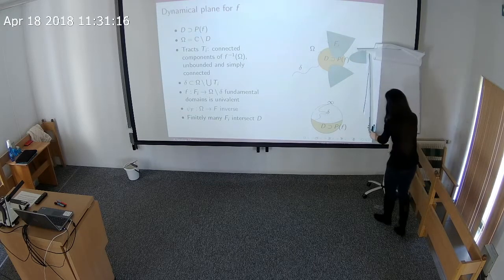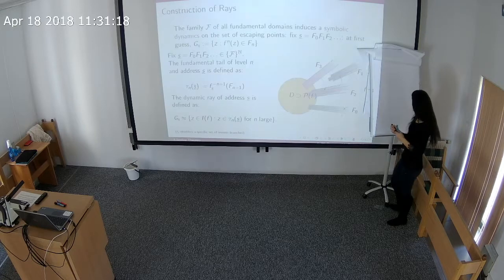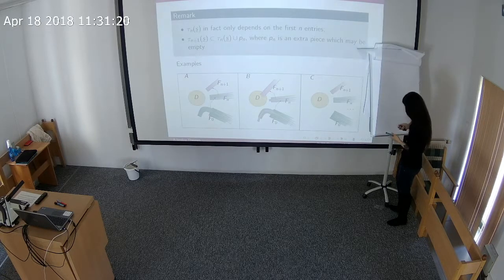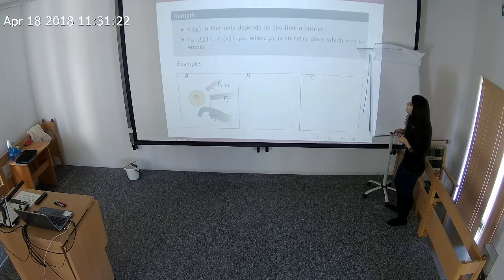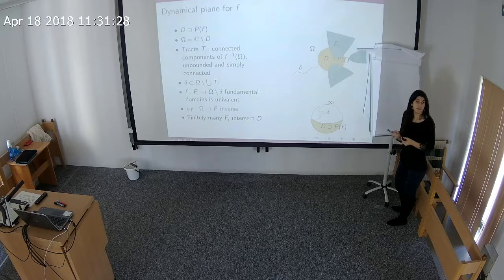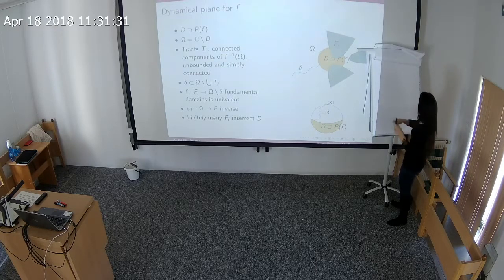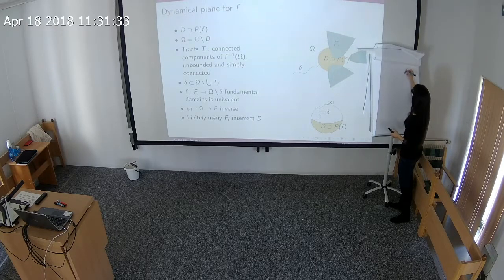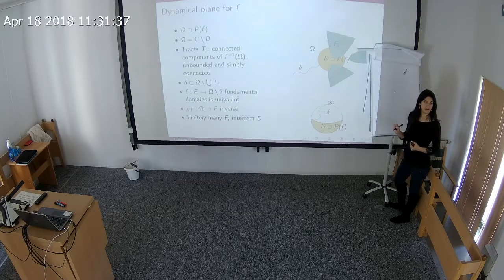Let me go back to an example that we all saw when we took our first courses in complex analysis. If you take the simplest possible transcendental map, which is just e to the z, the only singular value is 0, which is an asymptotic value and an omitted value.